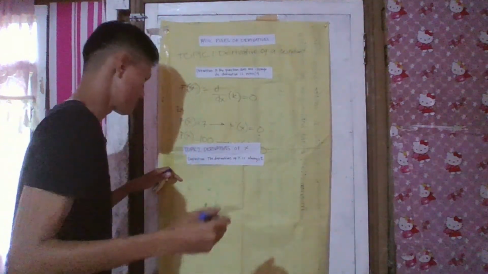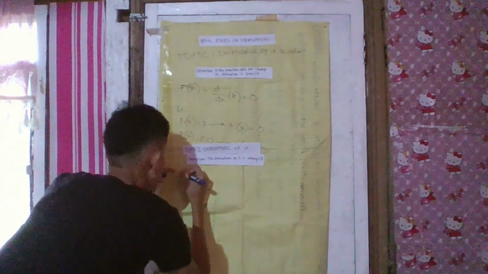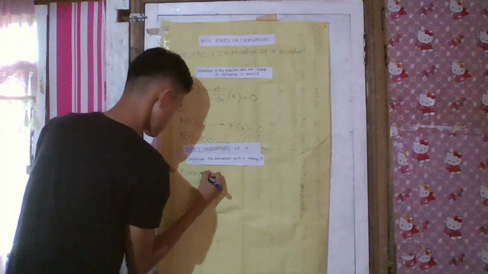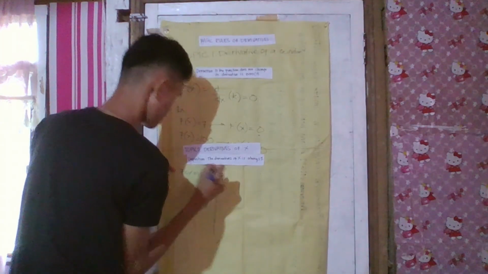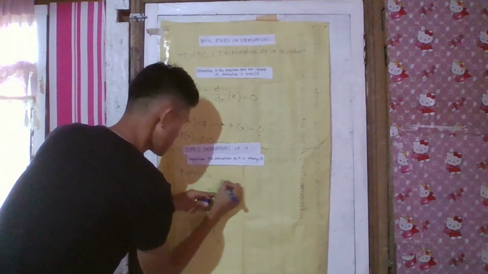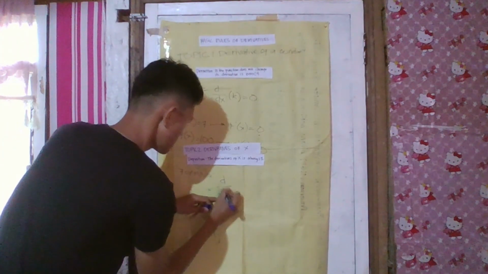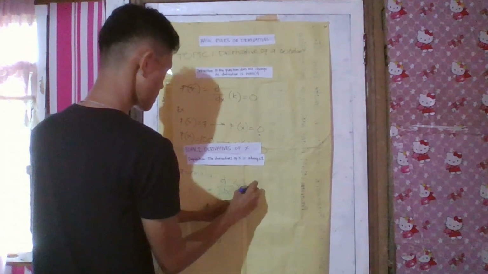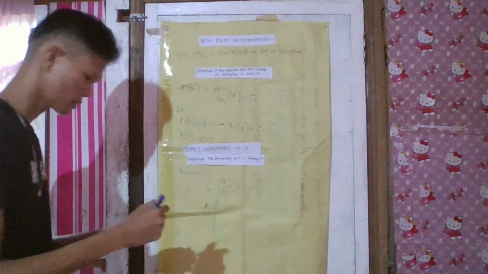Okay? Here's the formula: d over dx of x equals 1.